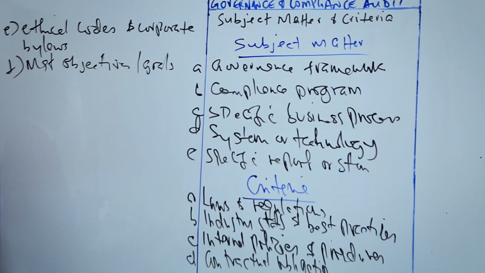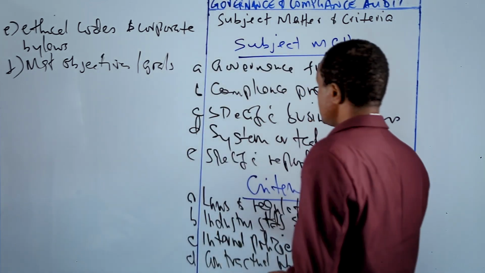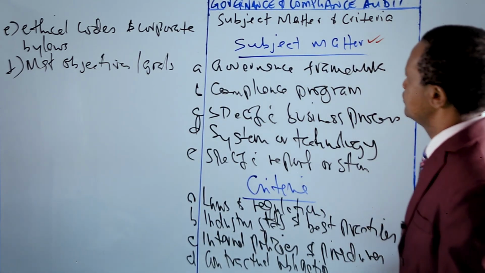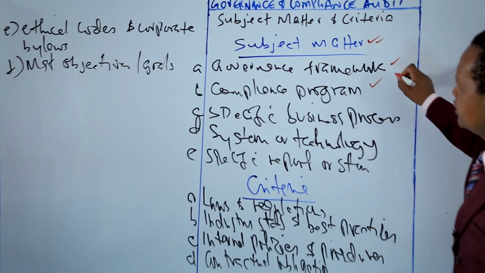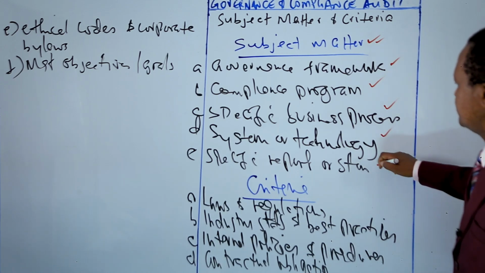You understand, candidates? Is that clear? Are we clear on that? Yes. We have defined subject matter in this lesson, given examples: governance framework, compliance program, specific business process, system or technology, specific report or statement.